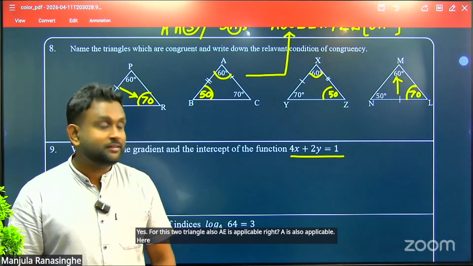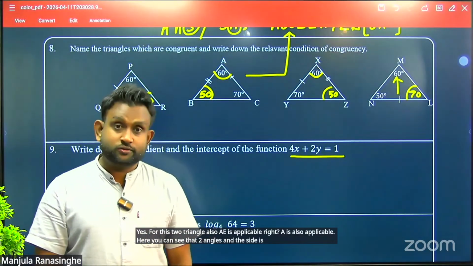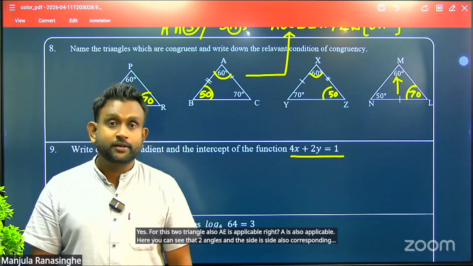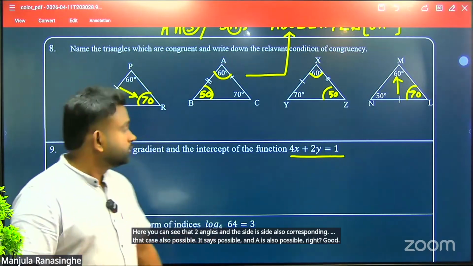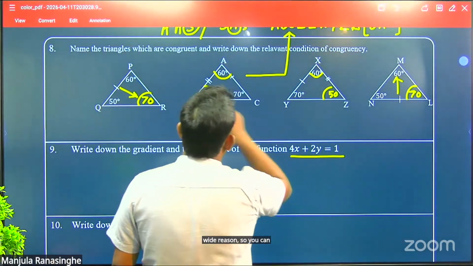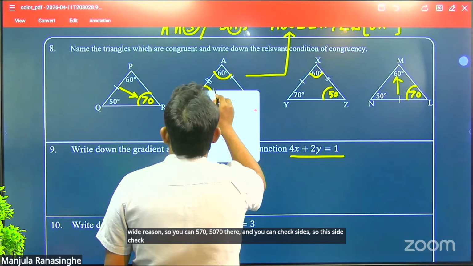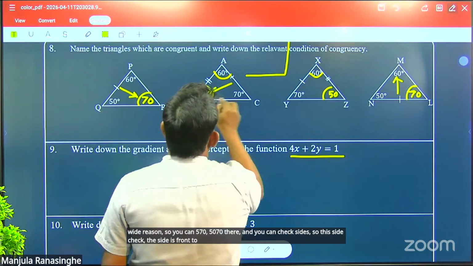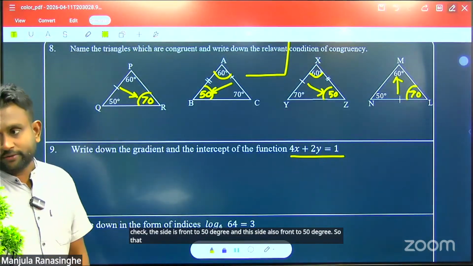Here you can see two angles and the side, and the side is also corresponding. SAS is possible and AAS is also possible. The reason: 50 and 70 here, 50 and 70 there, and you can check the sides. This side is opposite the 50 degree angle, and this side is also opposite the 50 degree angle. So the sides are corresponding.